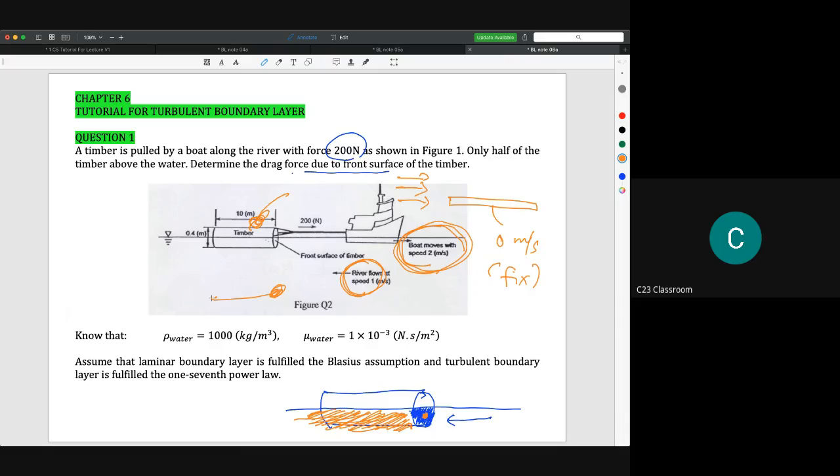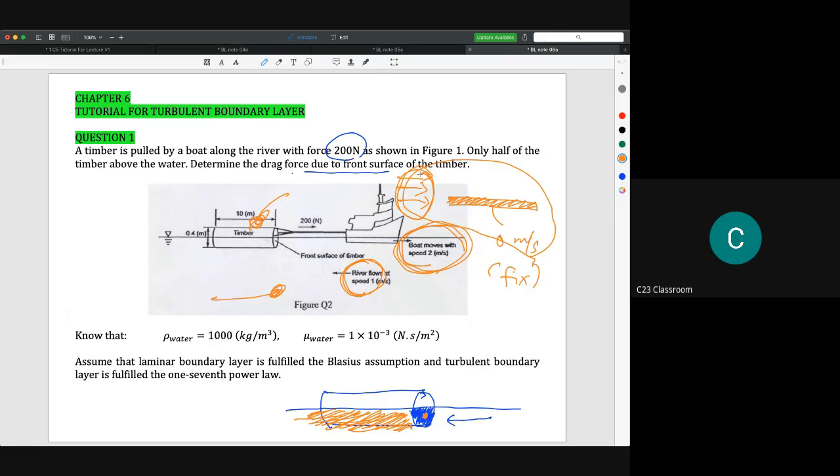So in this situation, as an engineer, you should reconstruct your free body diagram. It means that you use the idea of relative velocity. You must make sure you have a situation where your object is fixed, not moving, and you have the free stream velocity at a certain speed.